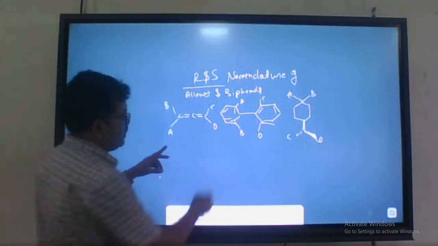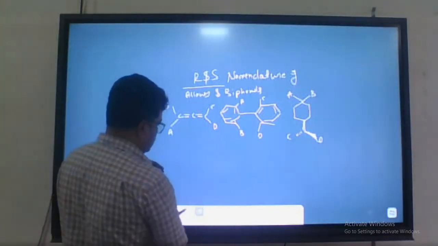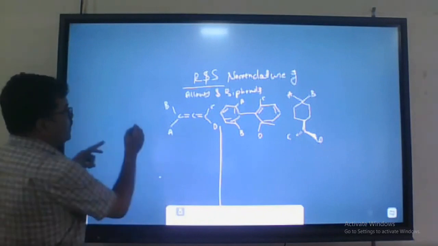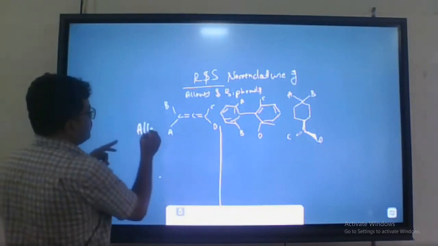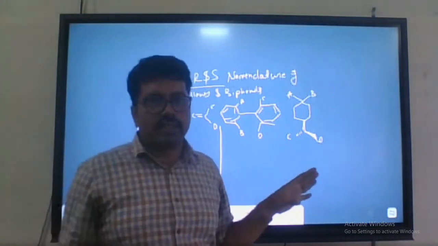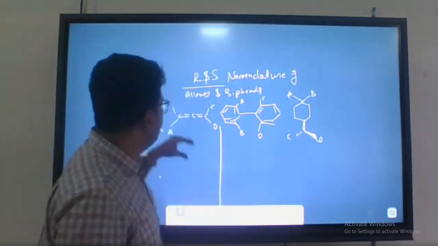So if we take this allenic compound, viewing the structure along the C=C axis.